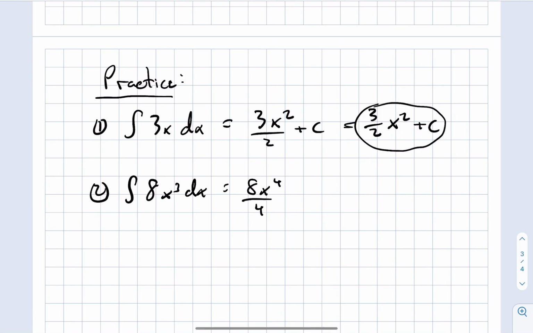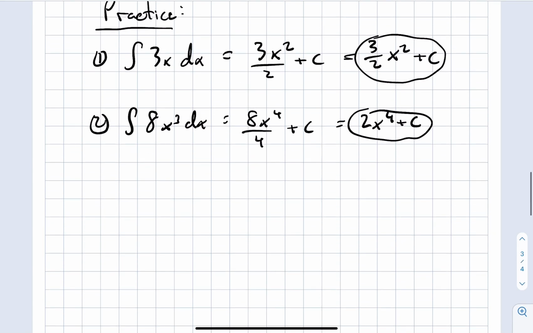Then we'll divide that by 4. We'll throw in the constant of integration. And then we'll see if we can reduce that at all. So 8 divided by 4, yep, we can call that 2x to the 4th power plus c. And on any of these, if you wanted to make sure you are correct, you could find the derivative of your answer and see if you get the original problem there, which in this case we would have.